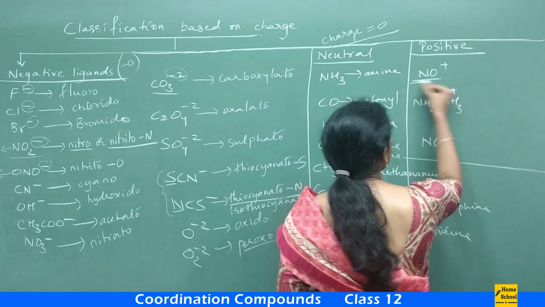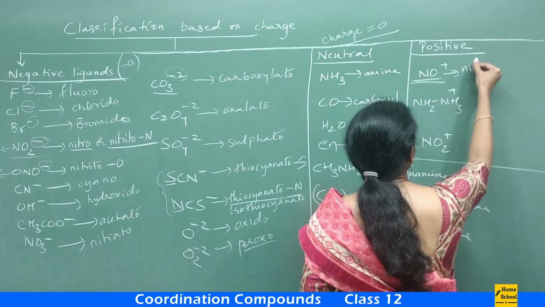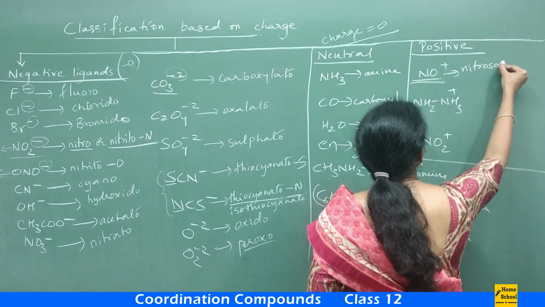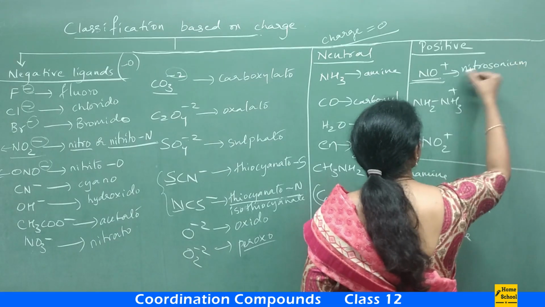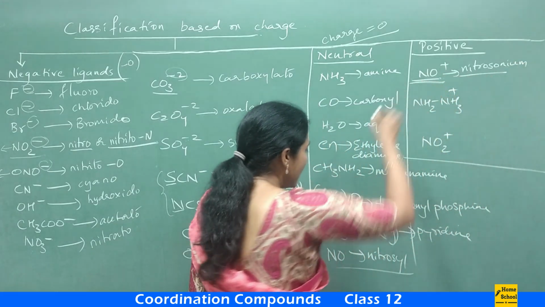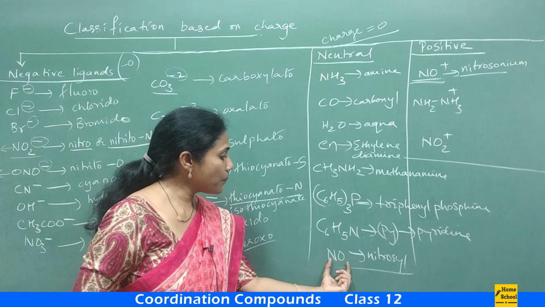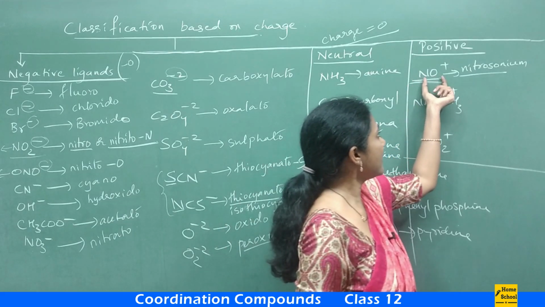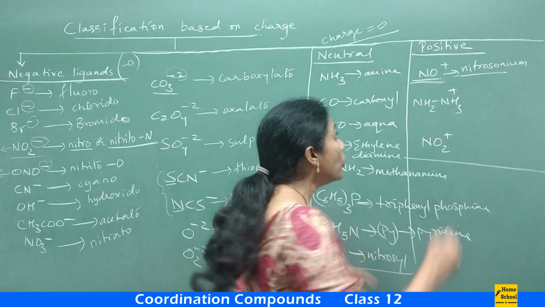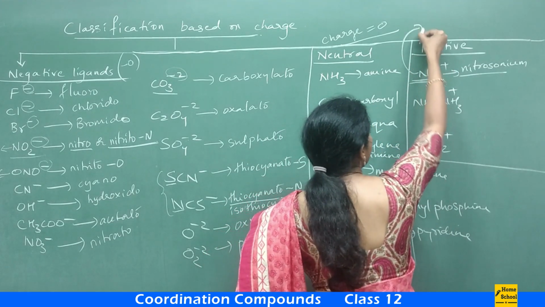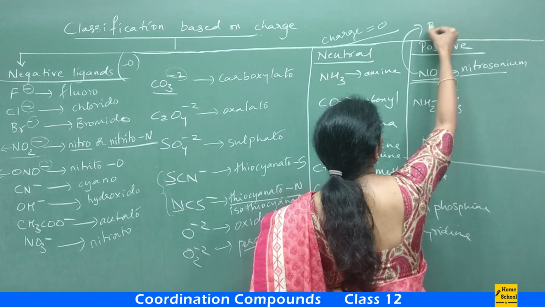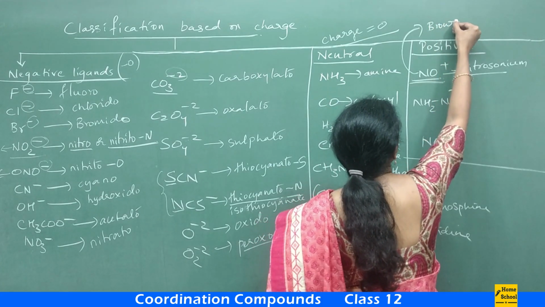And this is very important. This is called nitrosonium, or nitrosylium also we can say. See here, NO can act as both a neutral ligand as well as a positive ligand. Only in one case it can act as a positive ligand, that is in the brown ring reagent.